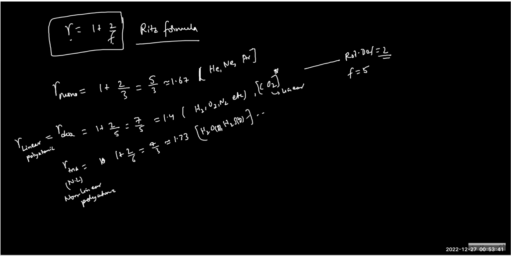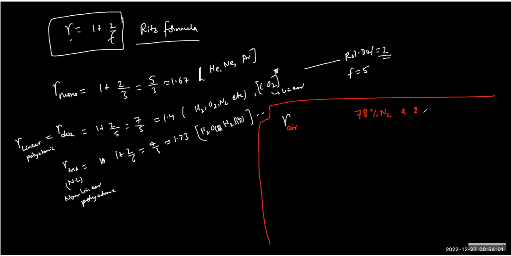Now, what is most important is air. So what about the gamma of air? Air is comprised of roughly 78% nitrogen and 21% oxygen, and 1% something else.